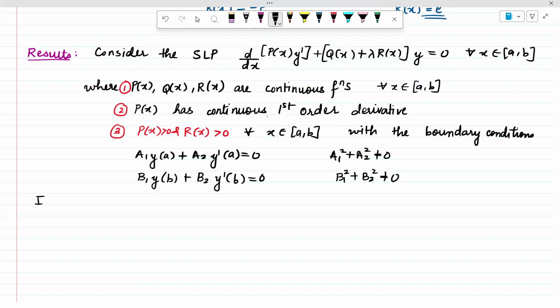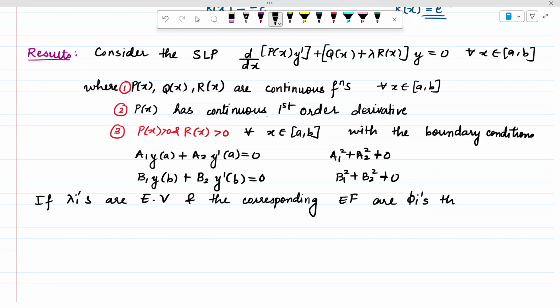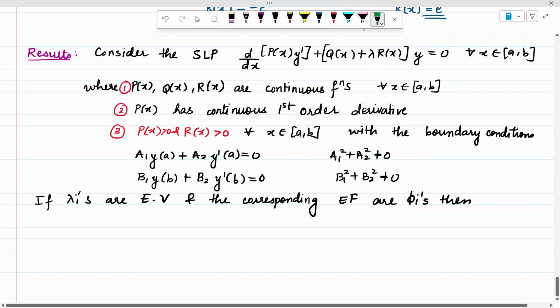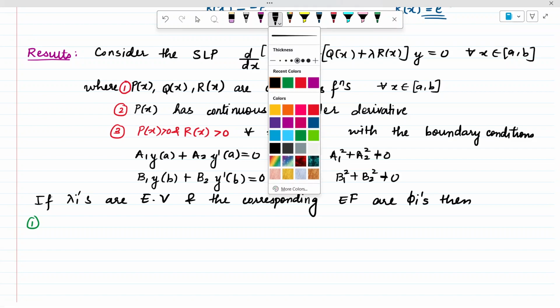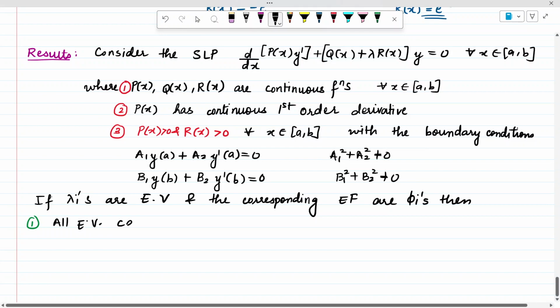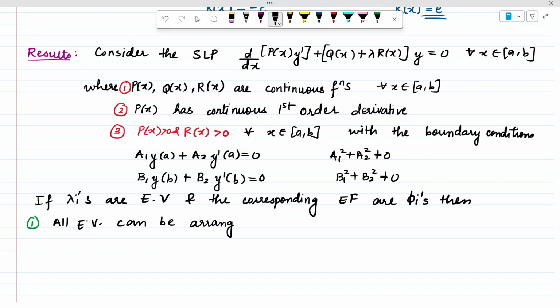So if lambda i's are eigenvalues and the corresponding eigenfunctions are phi i's, then the result number 1: all the eigenvalues can be arranged in an increasing sequence.